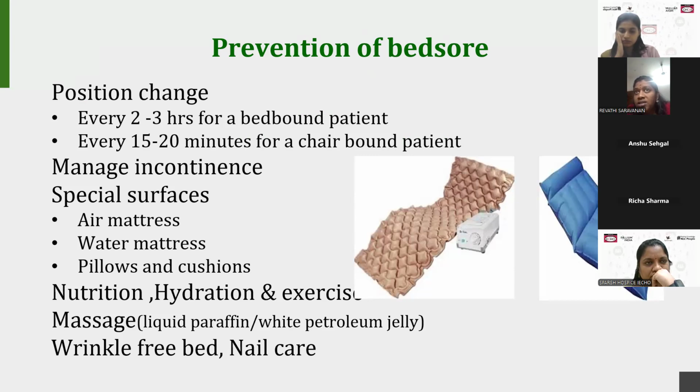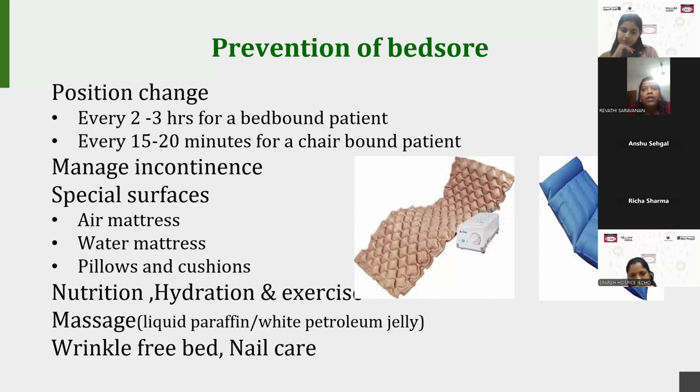For bedbound patients, they must change position every 2 to 3 hours. For chair-bound patients sitting a long time in a wheelchair, they have to change position every 15 to 20 minutes.